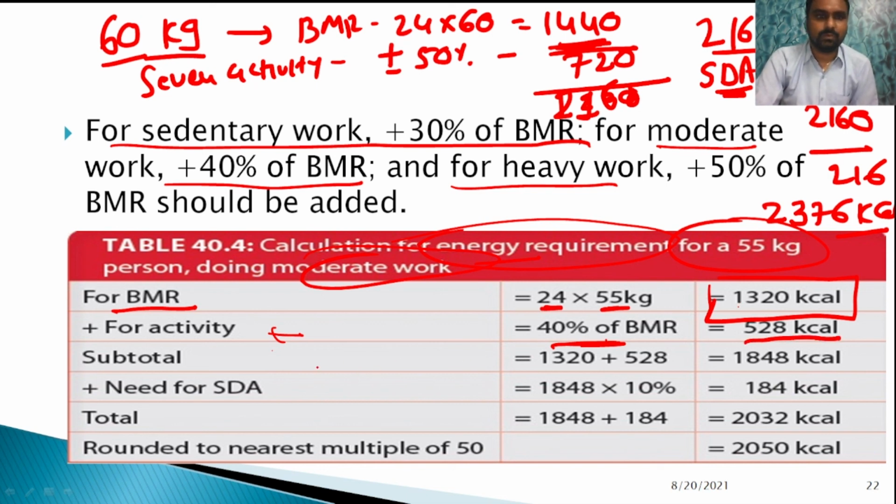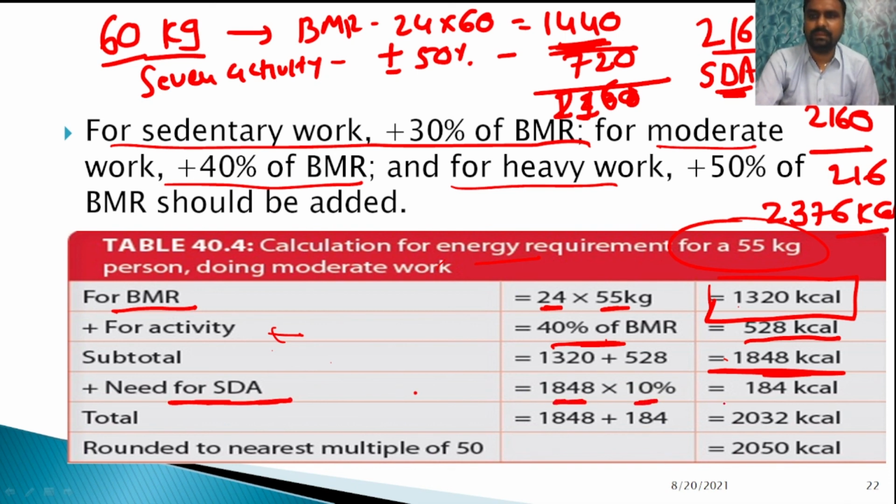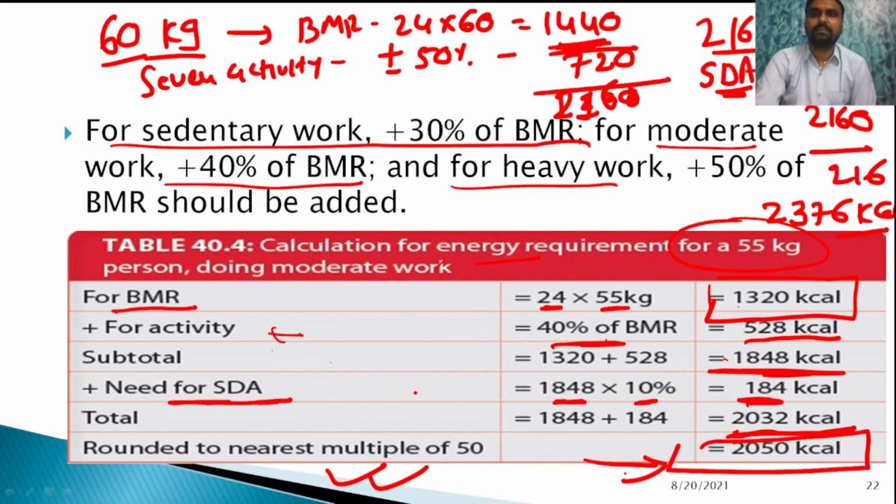So the total will be 1848 kilocalories, and we have to add the SDA. For the mixed diet it is 10%, so 10% of 1848 will be 184. So to 1848 we add 184, that is 2032 kilocalories, and rounded to the multiple of 50, around 2050 kilocalories is required for a 55 kg person.